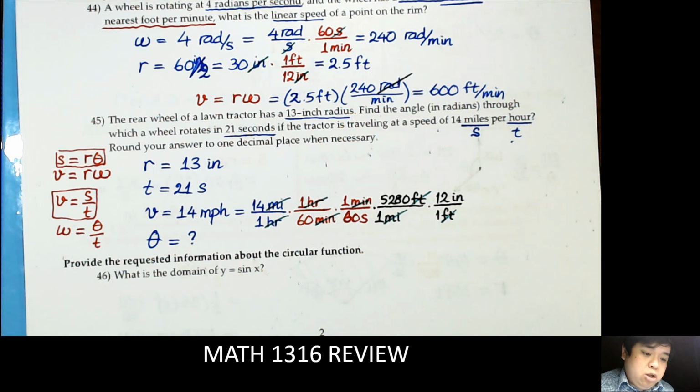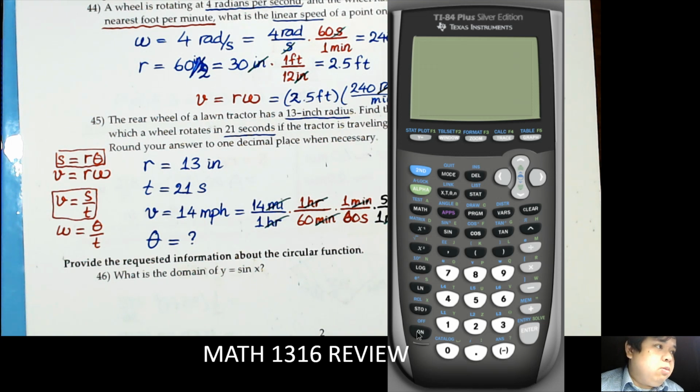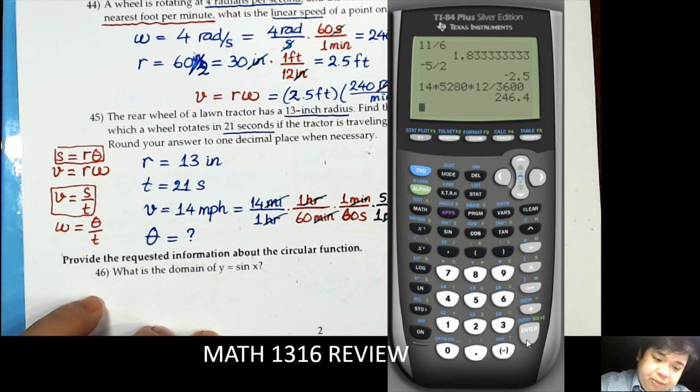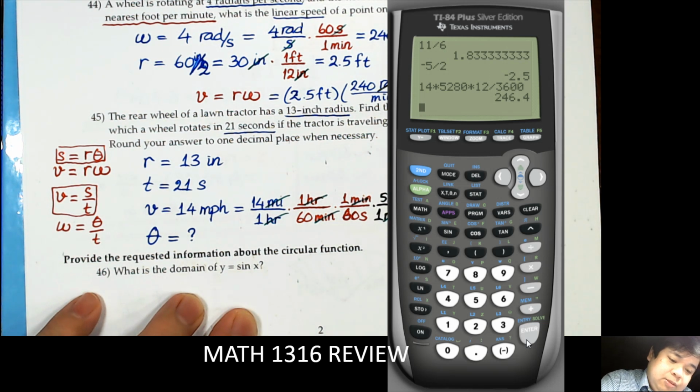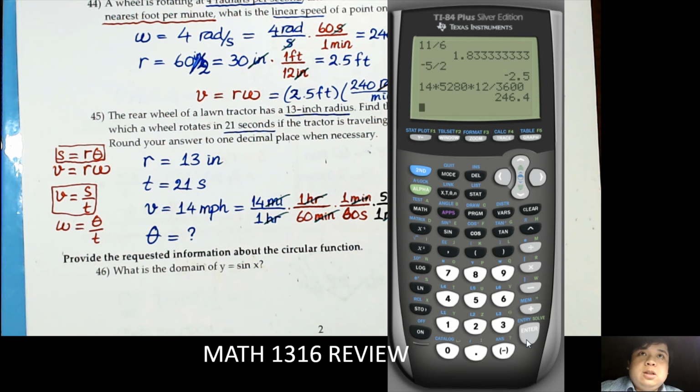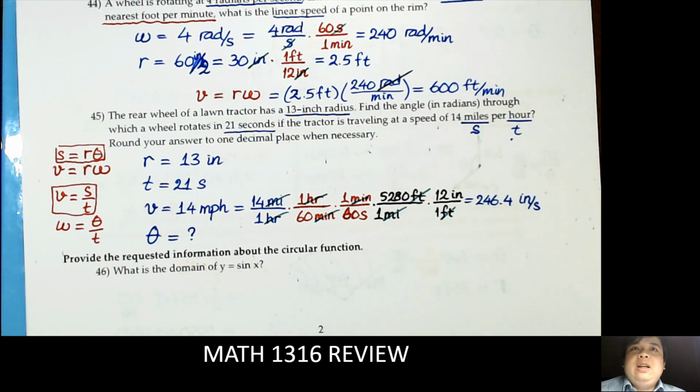So I just do this on the calculator: 14 times 5280 times 12, divided by 60 times 60, which is 3600. We have 246.4. That will be inches per second. Sorry, I just put the calculator away.